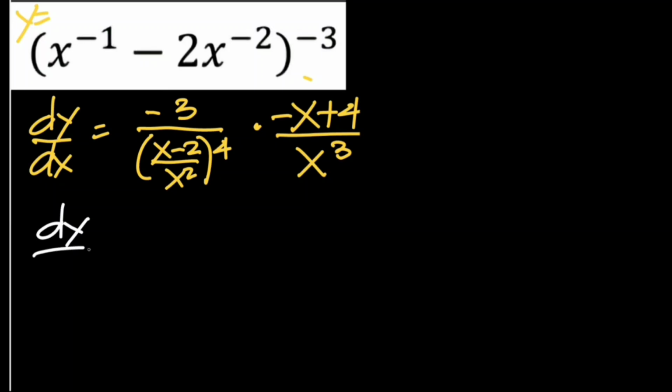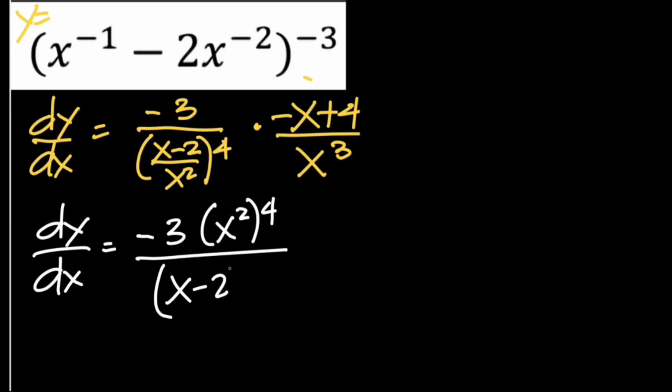Then dy over dx would become negative 3. Well, we flip this. This would become x squared to the 4th over x minus 2 to the 4th, times negative x plus 4 over x cubed.